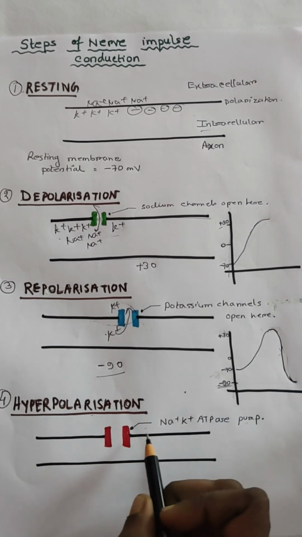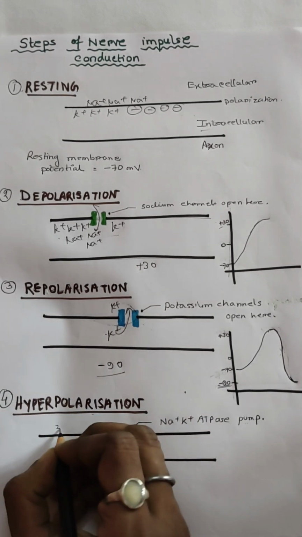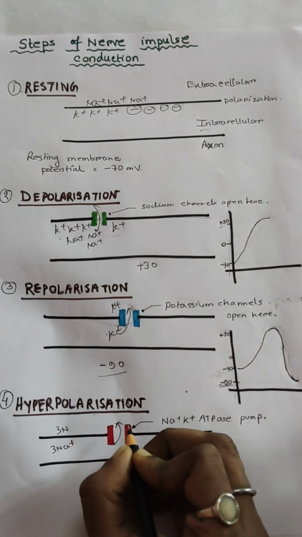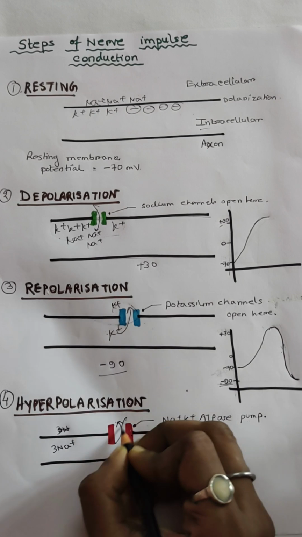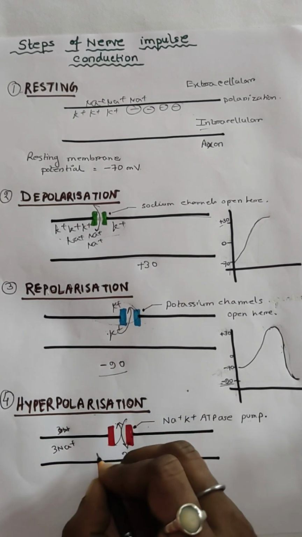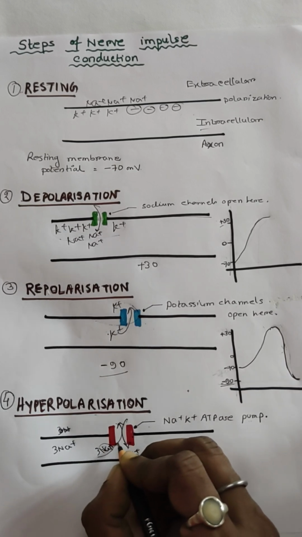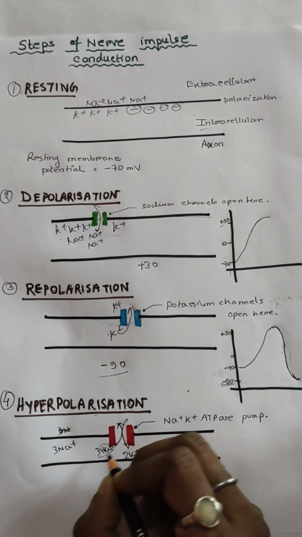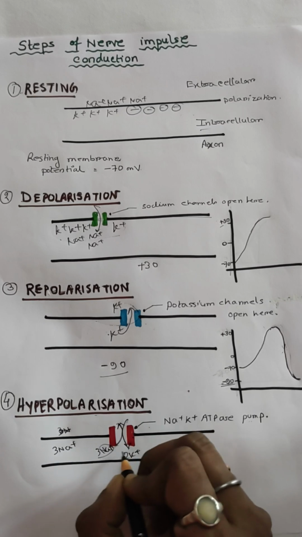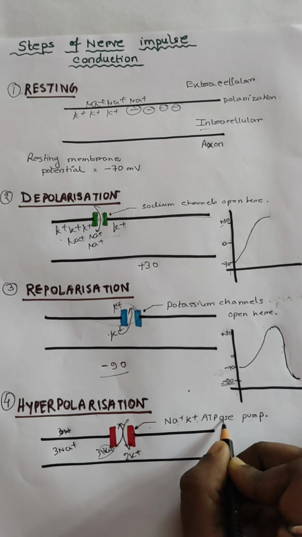Now this pump, what does it actually do? It transfers 3 sodium outside and 2 potassium inside. 3 sodium outside, that means 3 sodium ions are getting outward of the membrane, outside of the membrane, and 2 potassium ions are getting inside of the membrane, and both these things are happening at a time by these channels called sodium potassium ATPase pump.